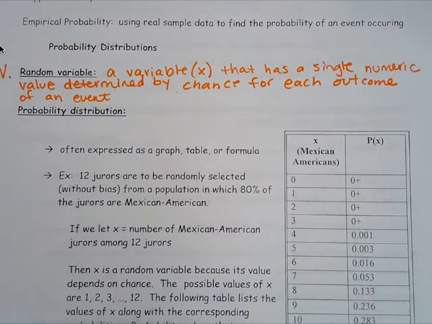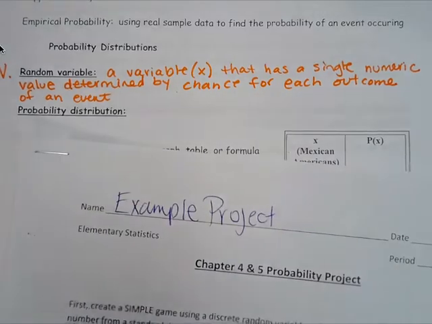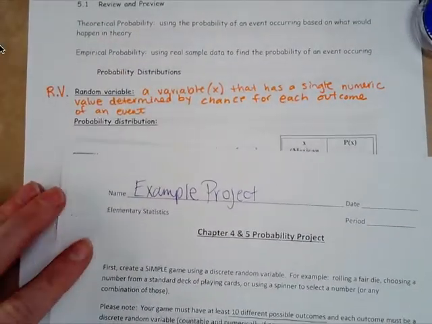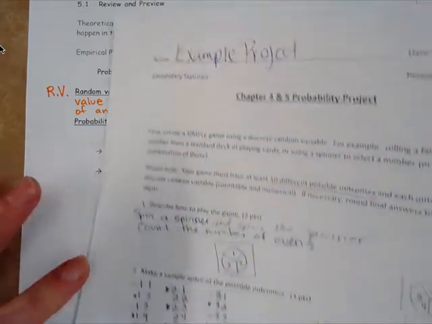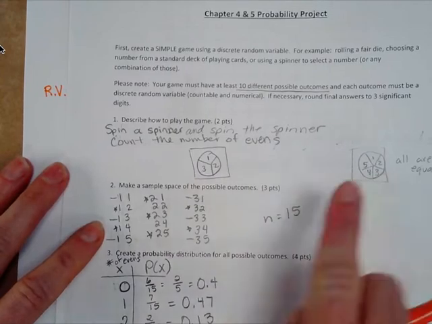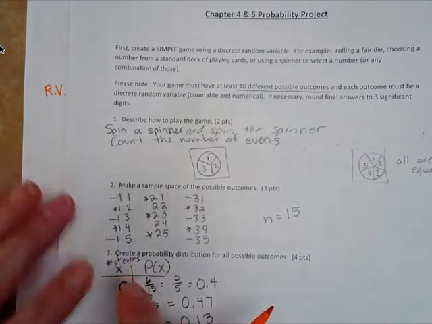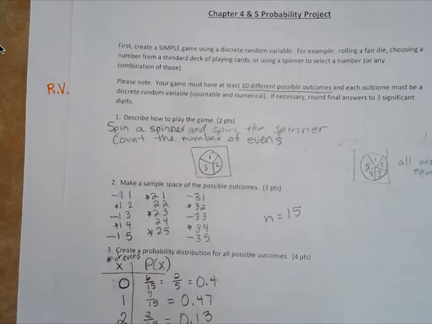So my random variable for my experiment, whenever I did it, was how many evens I got. So here were our 2 spinners. How many evens I got was what I wrote.